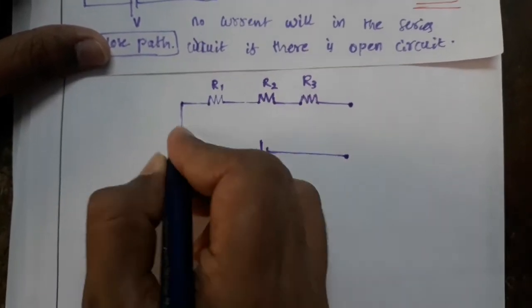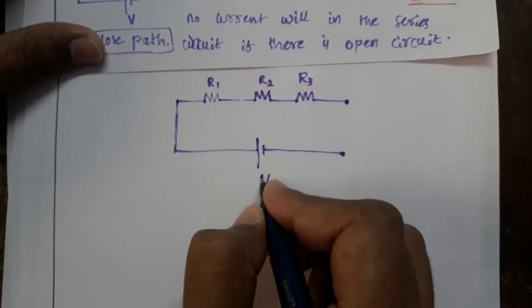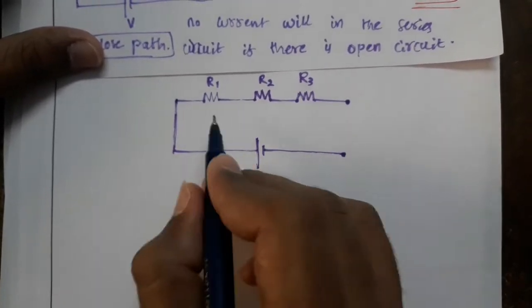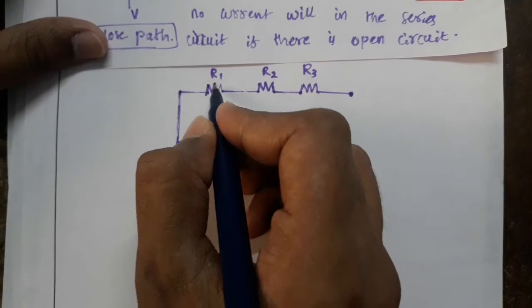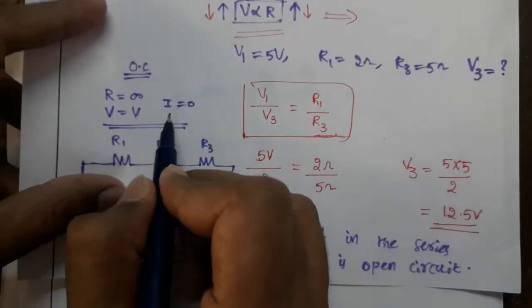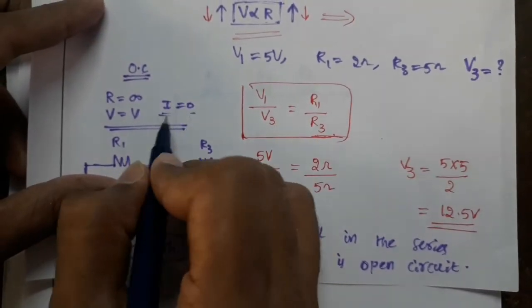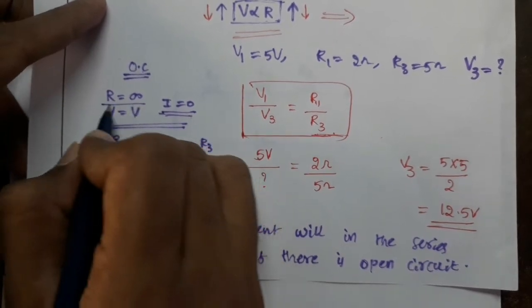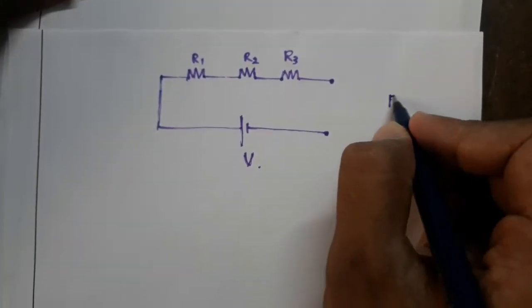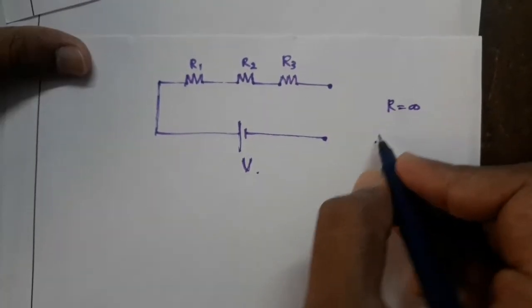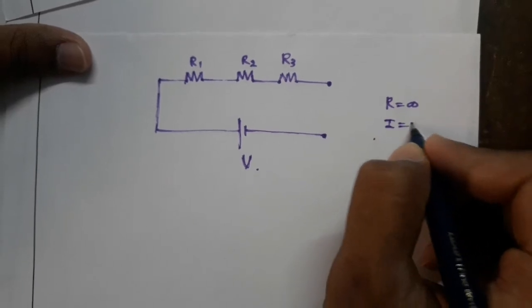This is open circuit. Applied voltage will be V. I told you at open circuit no current will flow and R will be infinite. R equal to infinite and I equal to 0.